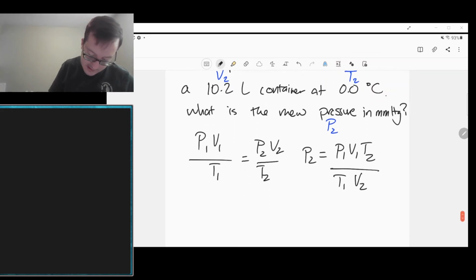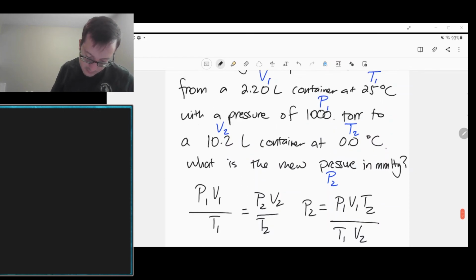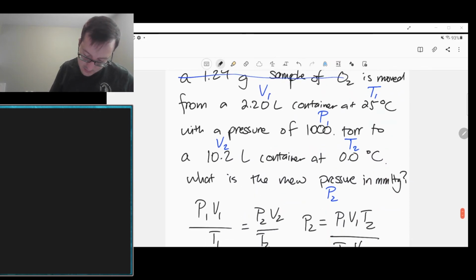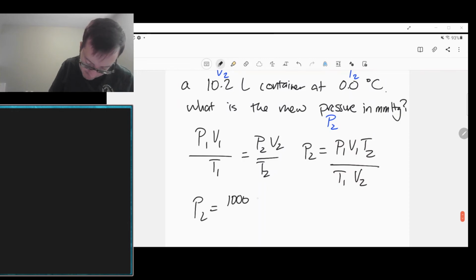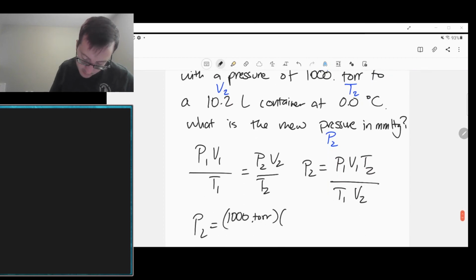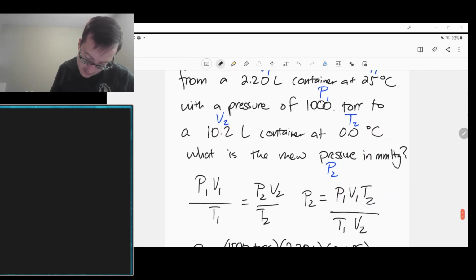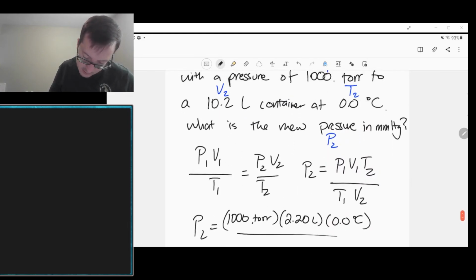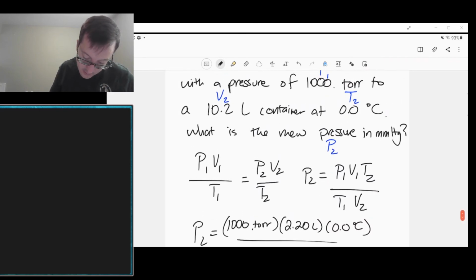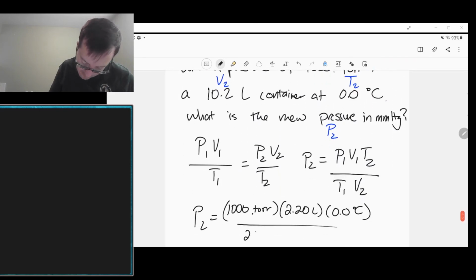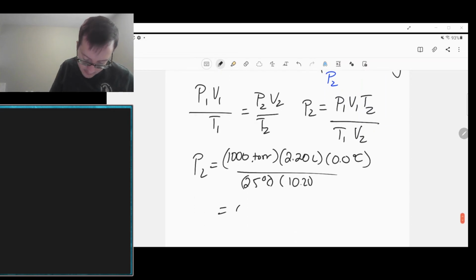If we just try and say, well, P2 is equal to pressure 1, which is 1,000 torr, V1, 2.20 liter, 0 degrees Celsius, volume, temperature 2 is, temperature 1, 25, or V2 is 10.2 liters, we get 0.